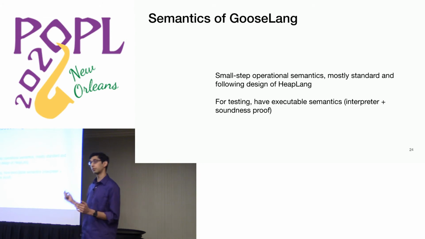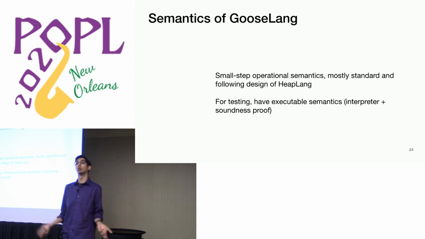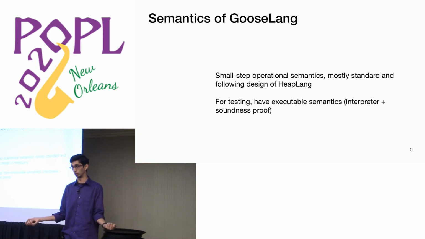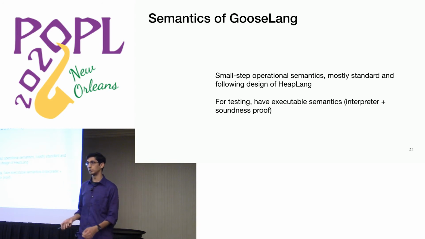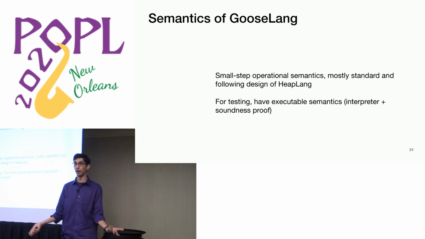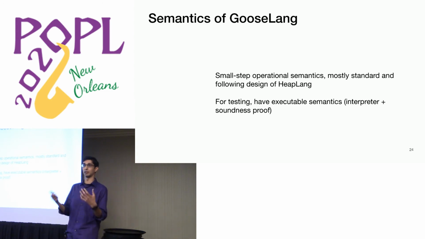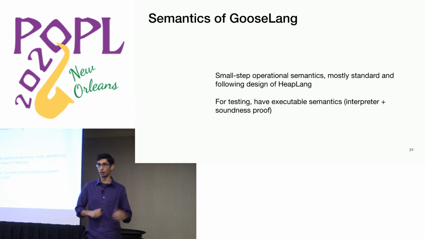One extension to HeapLang is that, for testing purposes, we have an executable semantics. That means we have an interpreter that can run HeapLang programs, and a proof that this interpreter actually produces a valid execution. The interpreter is single-threaded and fails on fork, but this is good enough to at least test the core of the semantics, the difficult part.